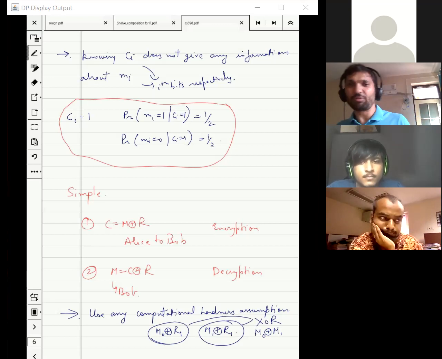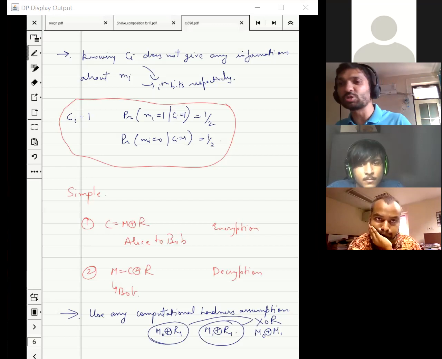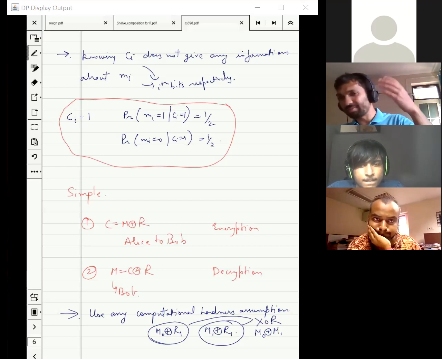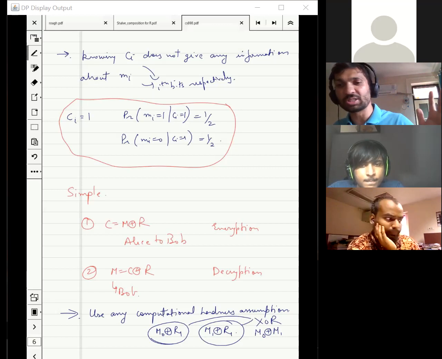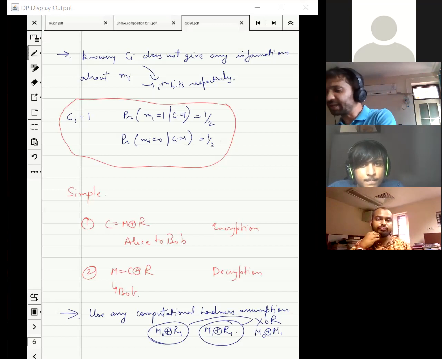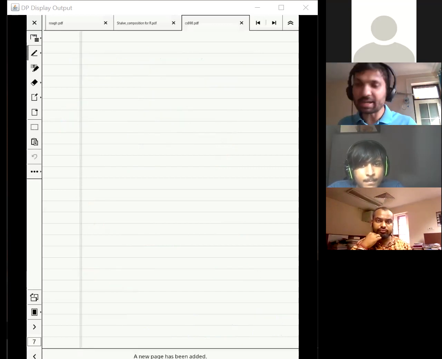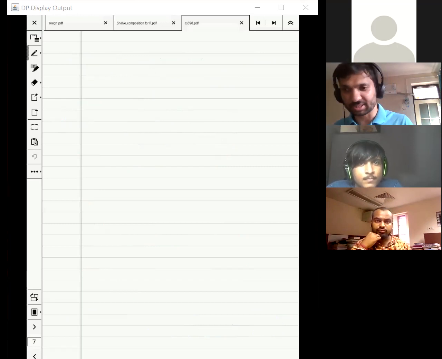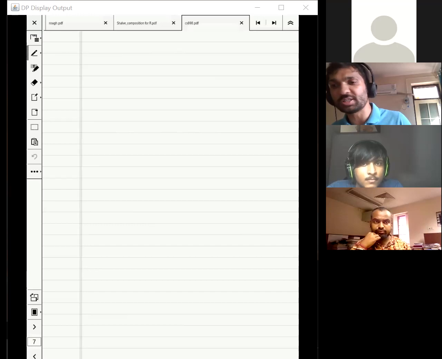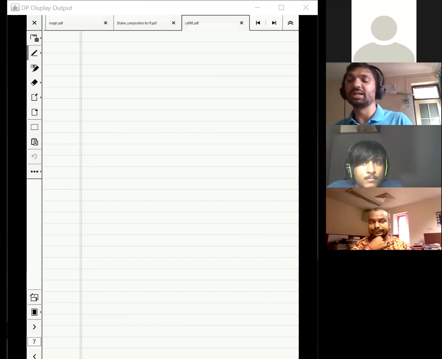And then if you don't know in the beginning how many messages you want to send, then keeping so many random secret keys is a problem. And that's why asymmetric key encryption was a big discovery, where you don't have to share a secret key in the beginning and still you can transmit.